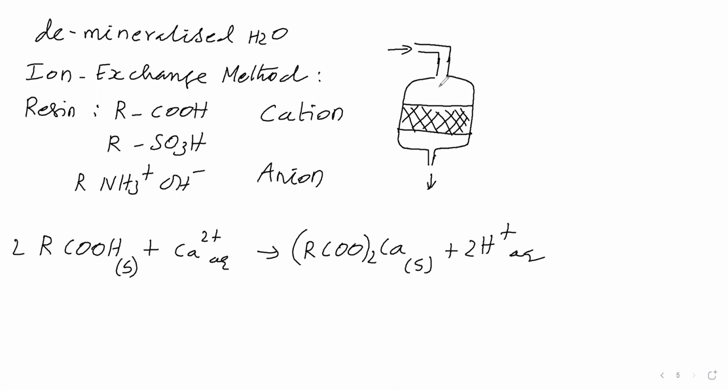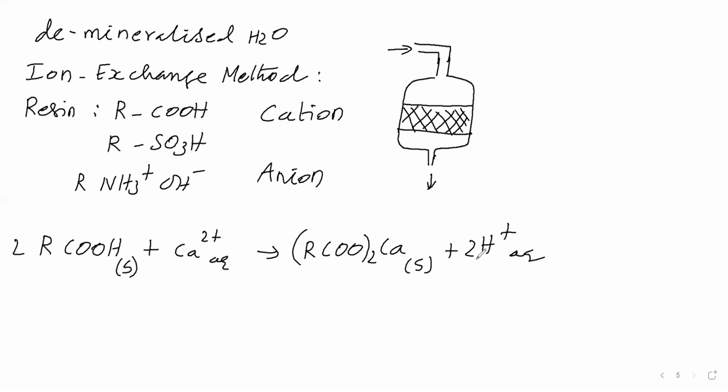First the hot water is passed into this cation exchange resin. Water percolates through it. The coming out water is passed into the neighboring cation exchange resin, and like this. In the cation exchange resin, whose formula is RCOOH, H plus and calcium ions get replaced.